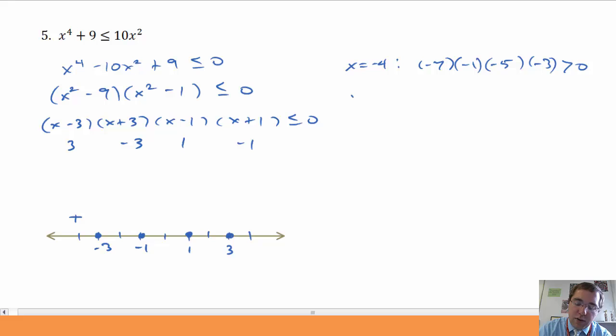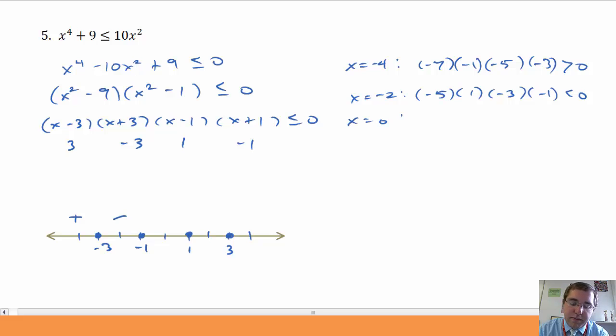At negative 2, which is between negative 3 and negative 1, we'll have negative 5, positive 1, negative 3, and negative 1. So that's 3 negatives, which will make this negative. At 0, which is between negative 1 and 1, we'll have negative 3 times negative 1 times 1.